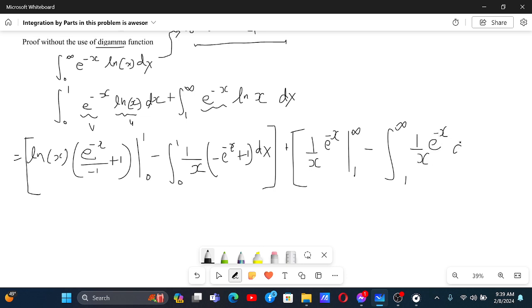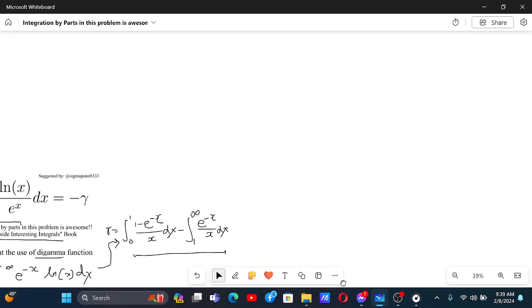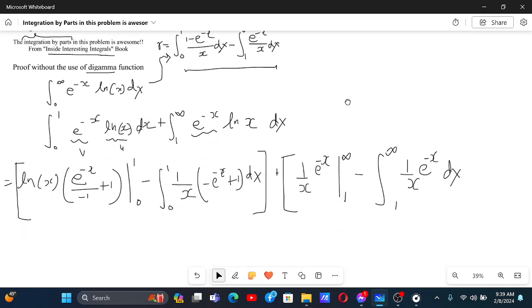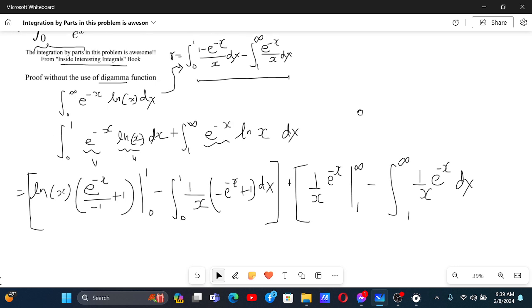So we have this second part already, and we just need the first part now. I basically forgot something: there's also a minus 1 over here in the denominator.